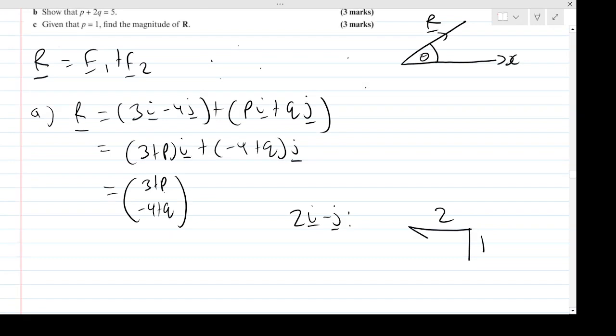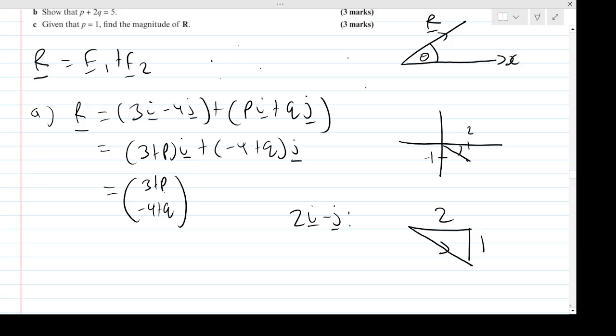So then we get this triangle here, and that is the vector 2i minus j. The 2 is the x part. If we were to plot this on an xy grid, it'd be 2 on the x-axis and then -1 down, and there we are.